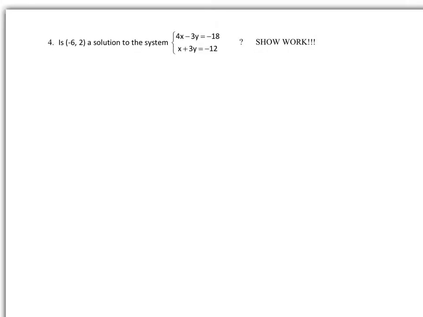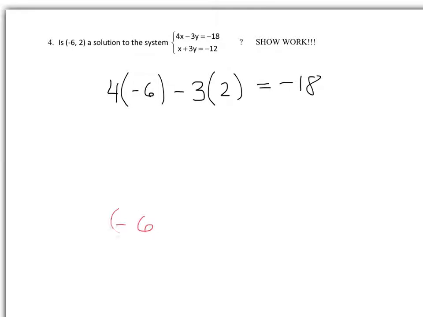So 4 times negative 6 minus 3 times 2 equals negative 18. And then the other equation, put in the negative 6, that's your x, plus 3 times 2 is equal to negative 12.